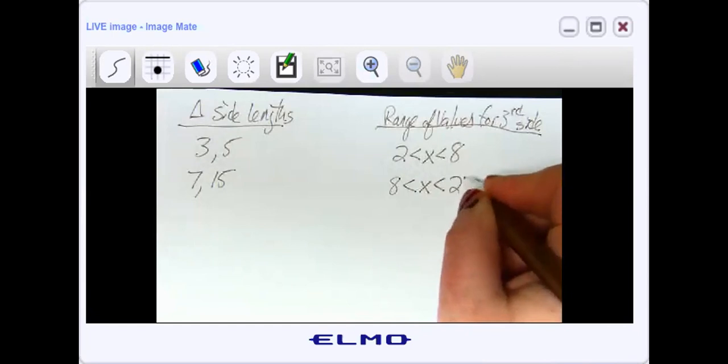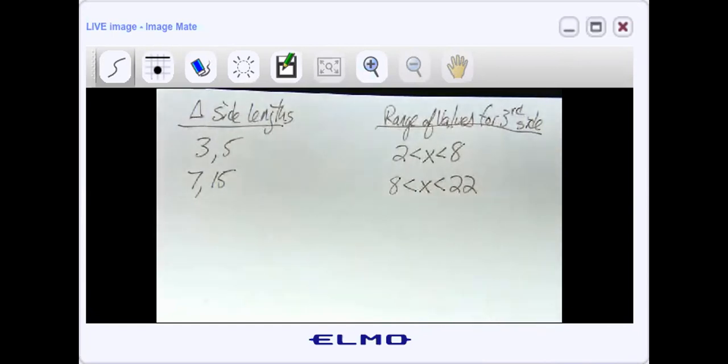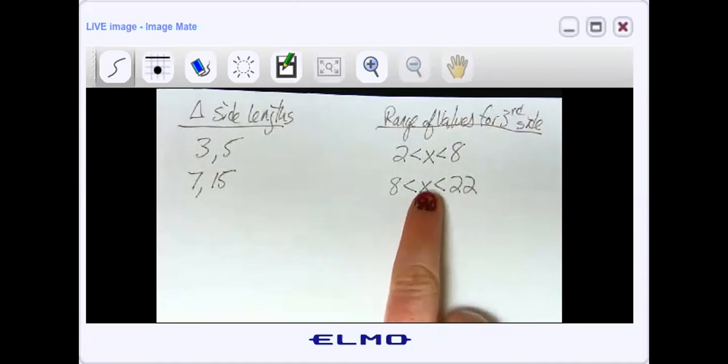Yes, thank you. Less than 22. So if I had a third side that was 10 inches, yeah, it would work out just fine because it's in this range between 8 and 22. If I had a 19-inch side for the third side, yep, that's fine because it's within this range.